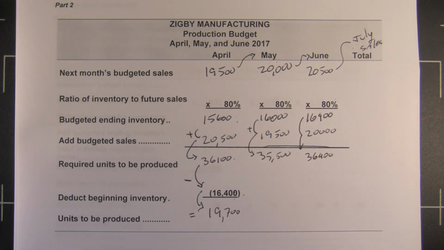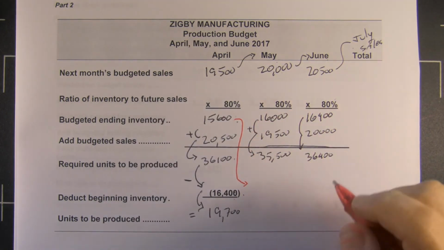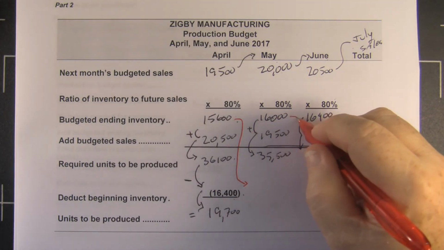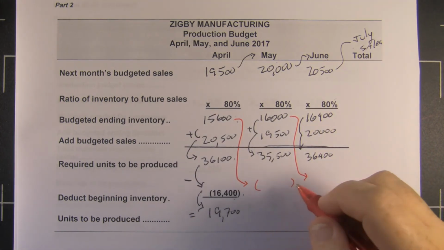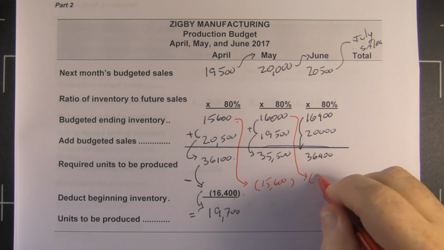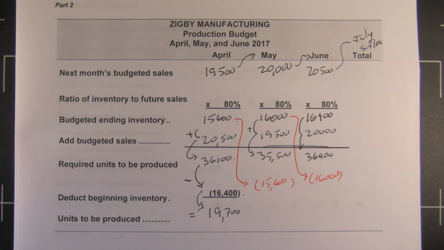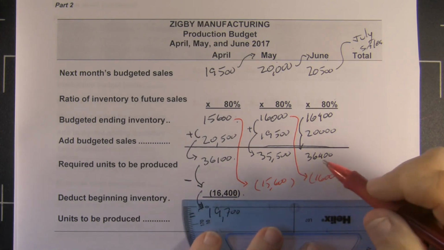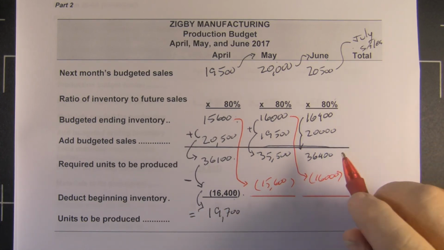Now we're going to do the same thing for the next 2 months, keeping in mind that each of those months we had beginning inventory that we calculated. This was 15,600 and this was 16,000. So let's do the math, and again, same math, same calculus if you will.